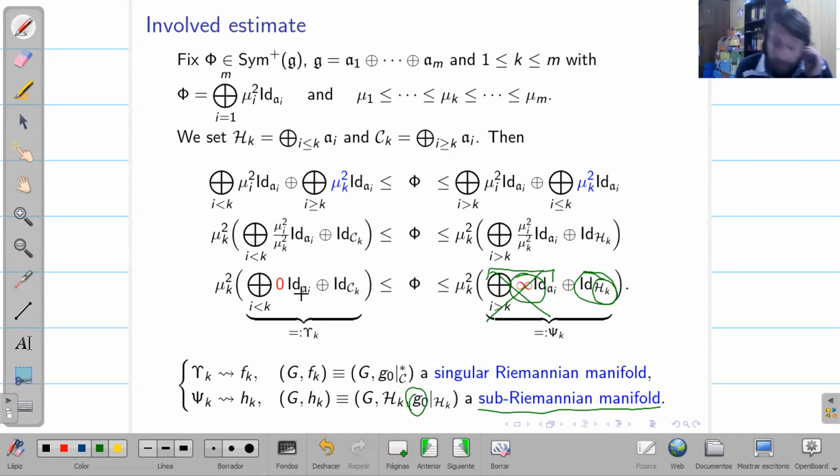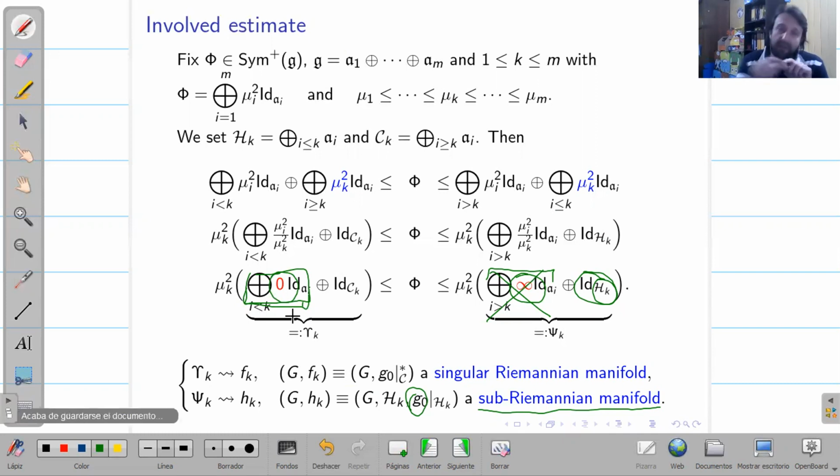What about 0? We don't have an inner product, but we have a bilinear form. And what does this 0 mean? Geometrically, if you have a smooth path with the velocity vector in this subspace A1, ..., A(k-1), the distance covered by this smooth path is 0. You go for free. Why? Because the norm of the velocity vector at every point is going to be 0.